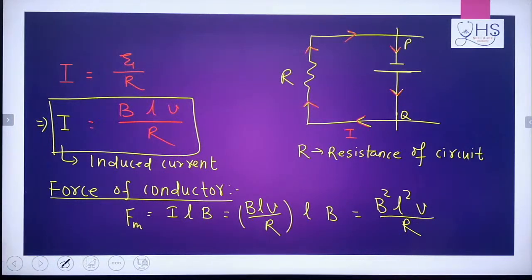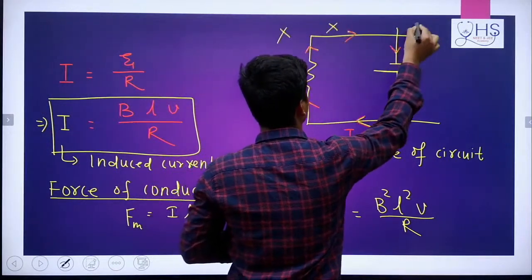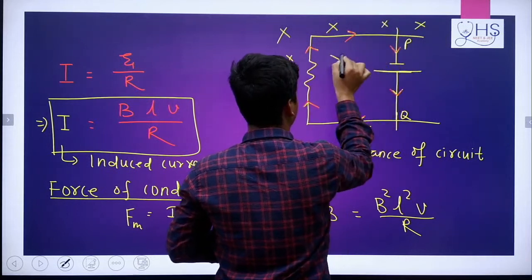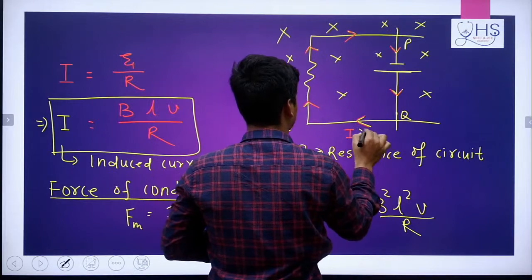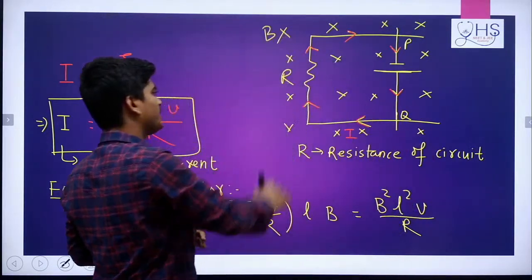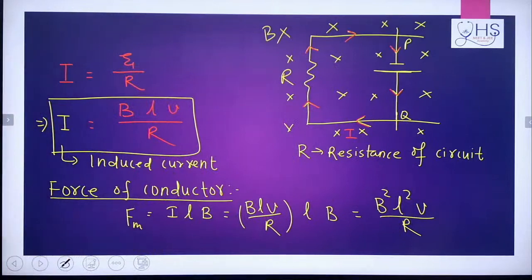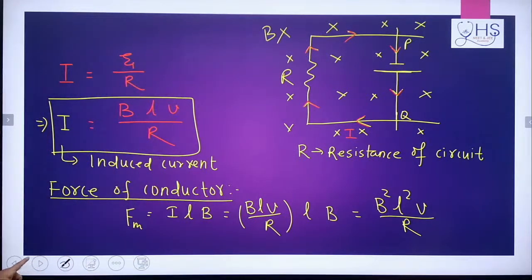The conductor is moving in a uniform magnetic field, a cross magnetic field, behaving like a cell, and the magnetic force acting on it is B square L square V by R. R is the resistance, remember.